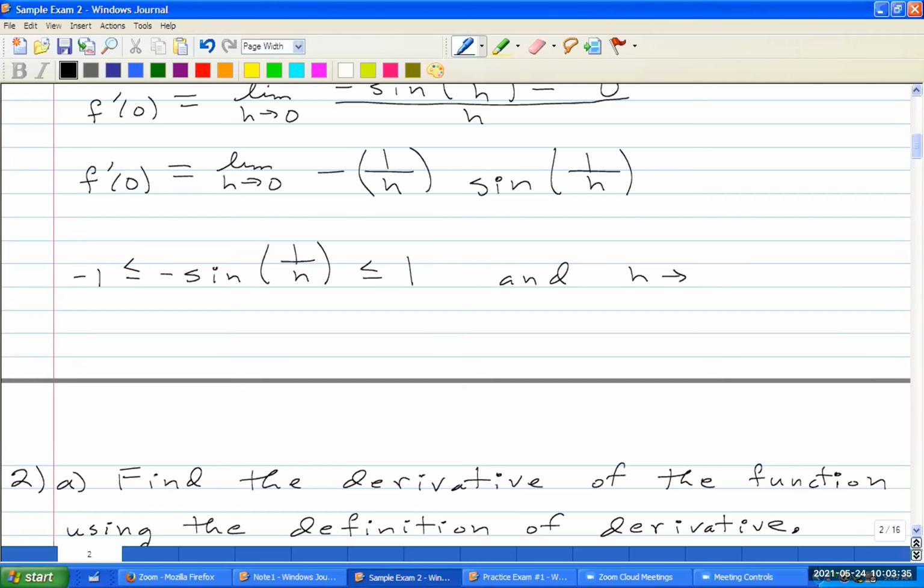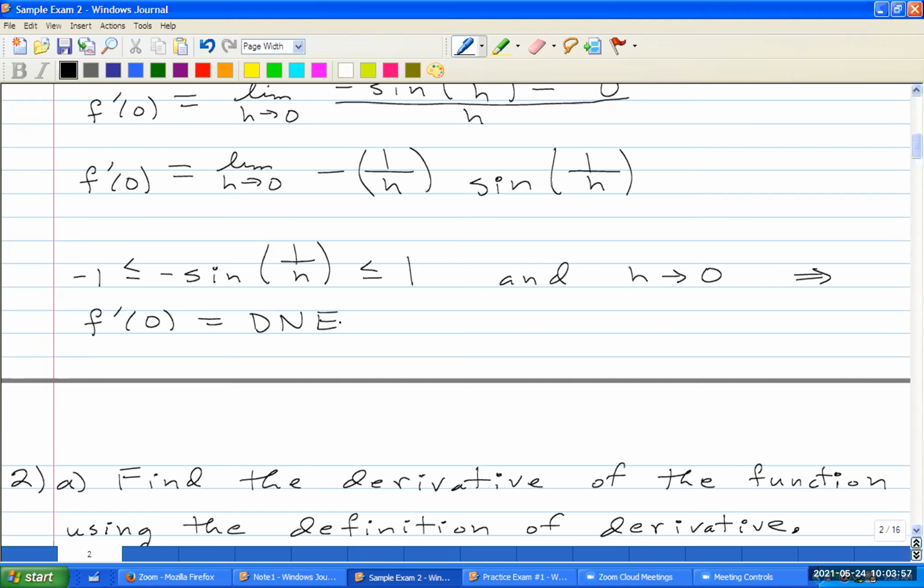And h here goes to 0 as h goes to 0. So you have something bounded divided by something going to 0. Therefore, this derivative does not exist.